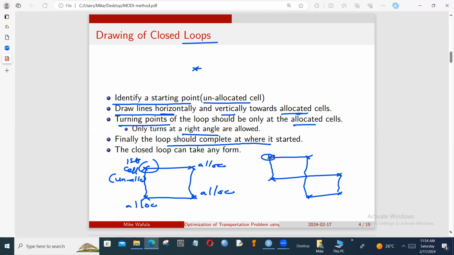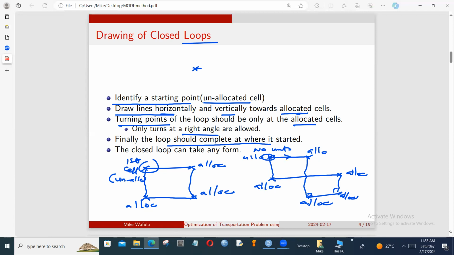As long as, if this is a starting point, you have no units allocated at that particular point, but there are units allocated in this cell. There is allocation of units in this cell. There is allocation, and you can see we are moving horizontal and vertical. And anytime we make a turn, it's at 90 degrees.